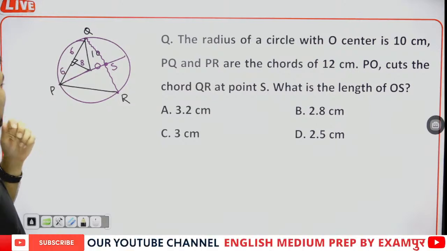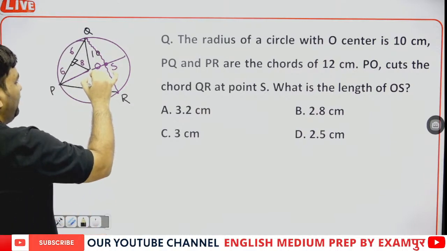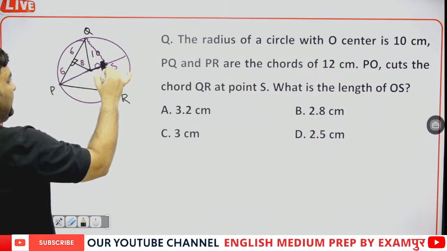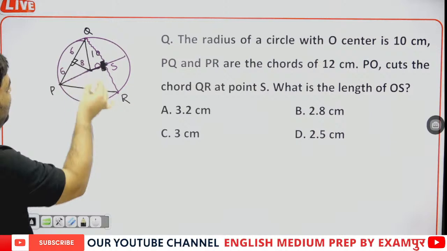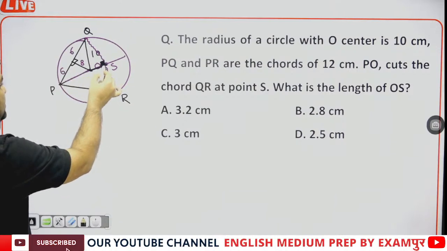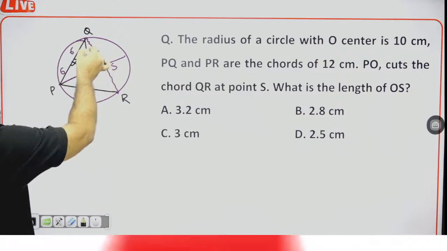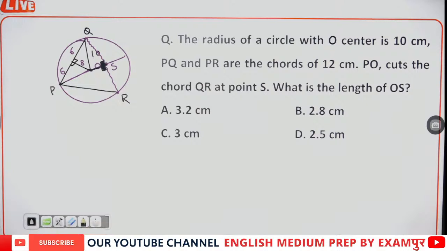The center will draw the 90 degrees over here as well. You want to know what OS is. So OS is this portion. This is 10. The only thing required is this portion.